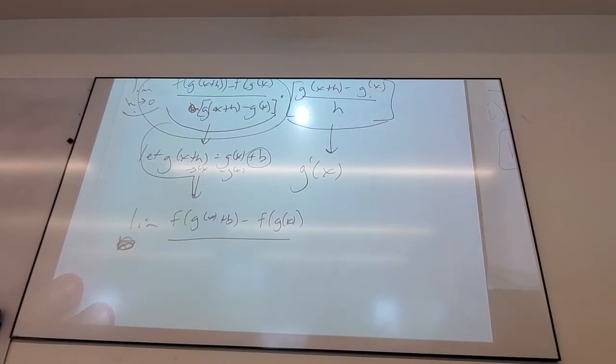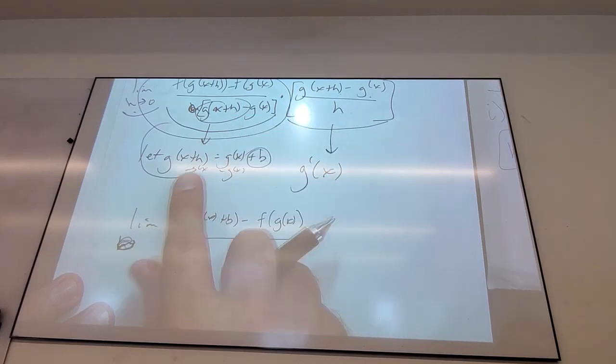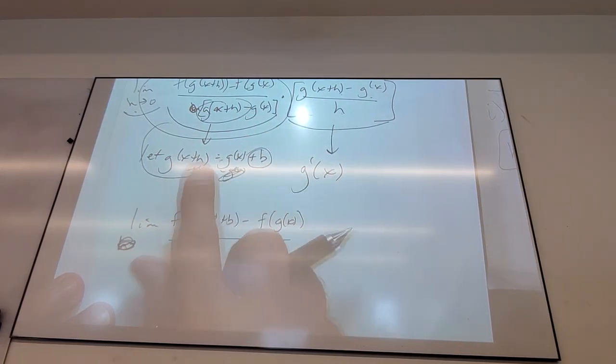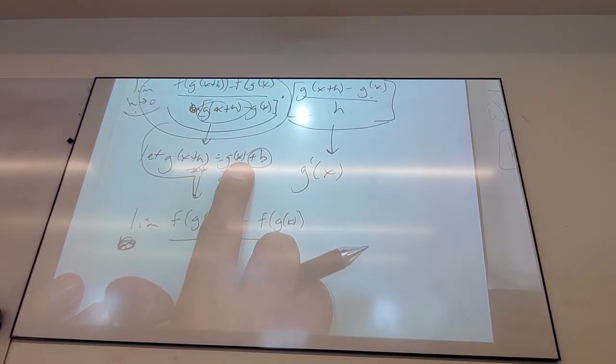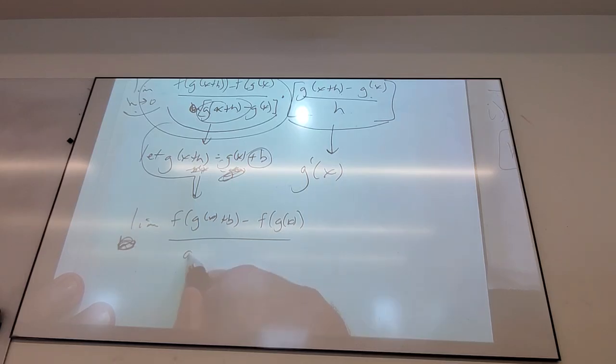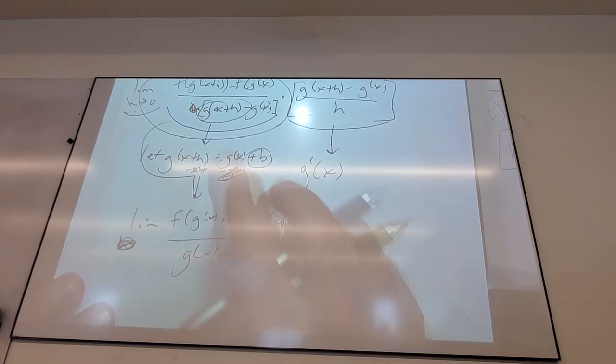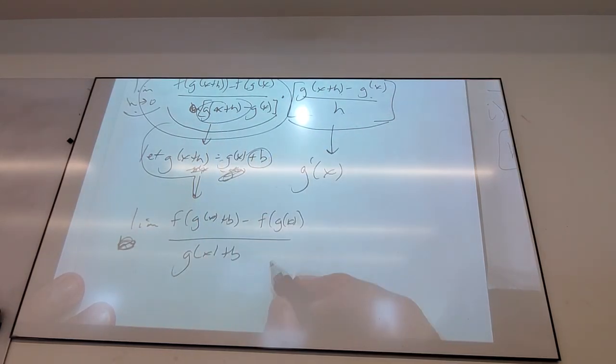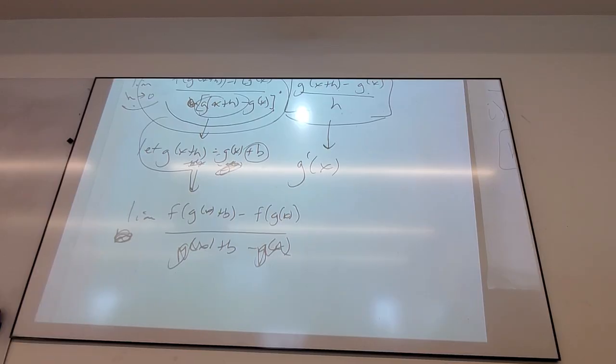Isn't b the little bit that they're off by? So what did I say g of x plus h is? I said it was g of x plus b, yes? What do the g of x's do? Cancel, yes. Just the same way that x plus h minus x cancel, that's why the bottom is h.